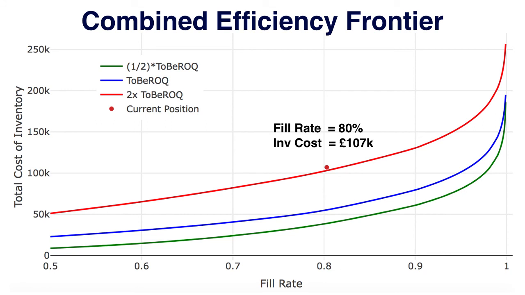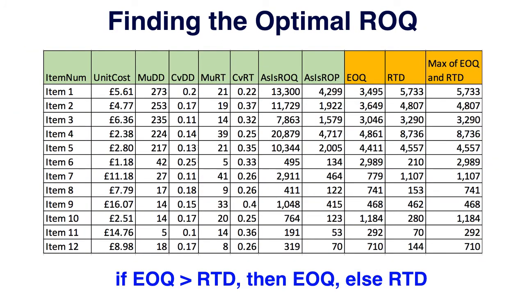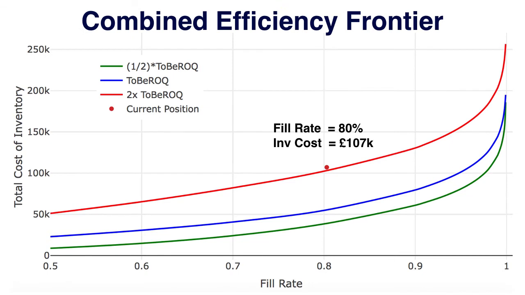This blue curve here is the efficiency frontier, which is plotted for the ToBe ROQ values that we have in the last column, max of EOQ and RTD. From that column of reorder quantities we have taken the new values and plotted this blue curve.